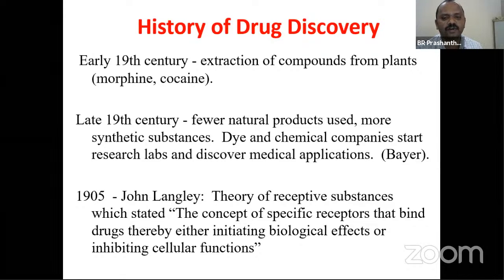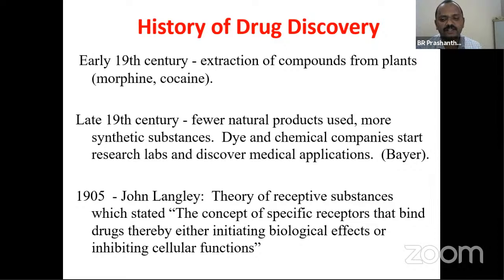What really happened at that time, this pendulum shift, why did it happen? The reason is that many of these dye and chemical making companies started doing pharmaceutical research.